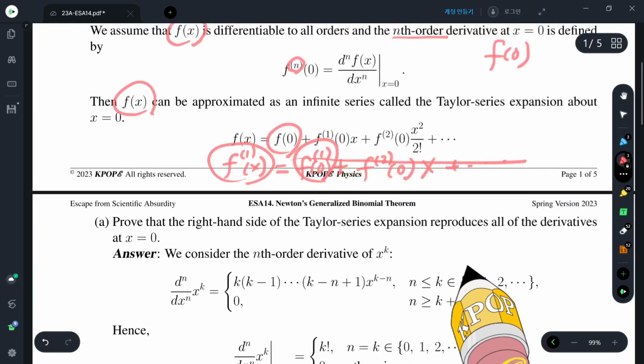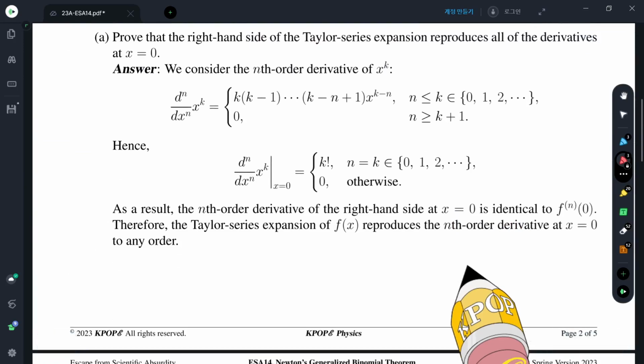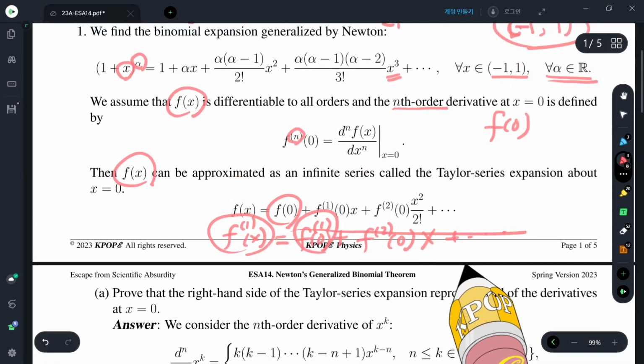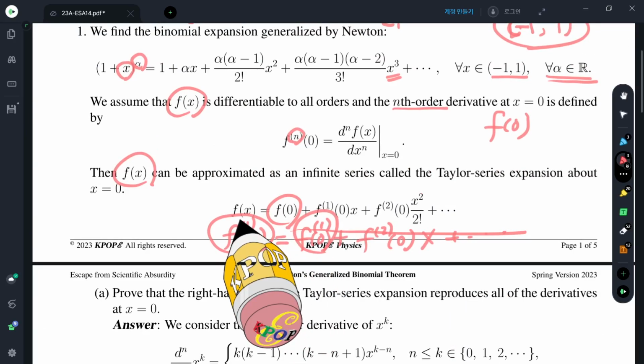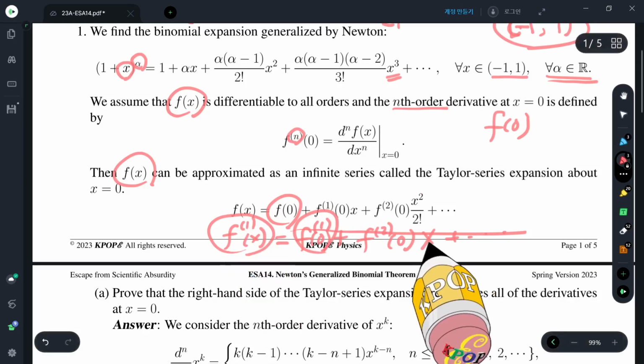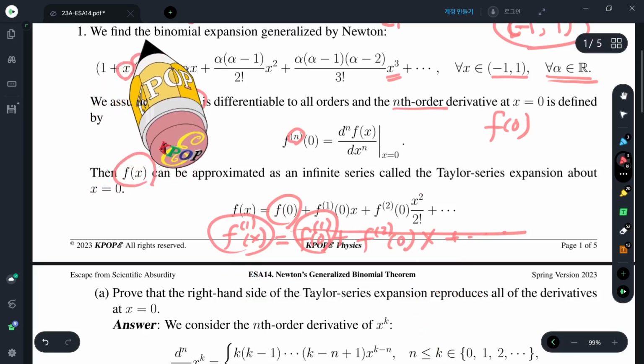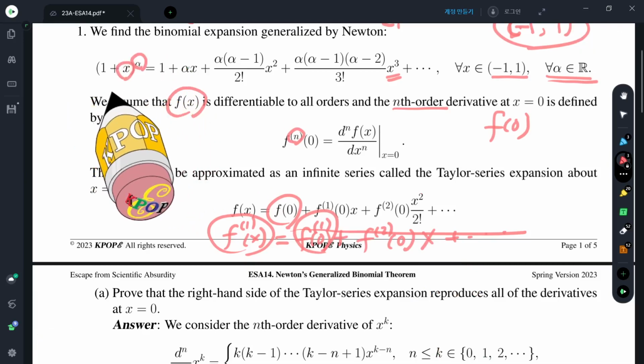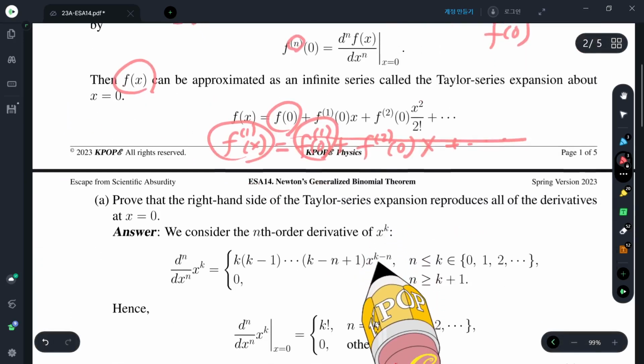So that is a business of the mathematics. We just assume that the Taylor series expansion converges to f of x, and we compute the Taylor series expansion on the right hand side by taking the derivatives and putting x equals 0. And then this function is reproduced by the Taylor series expansion.